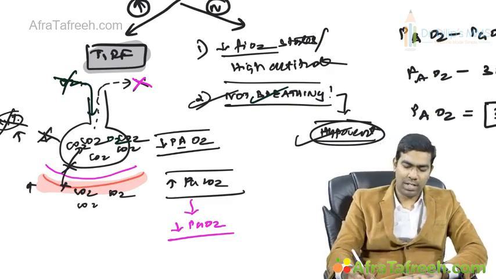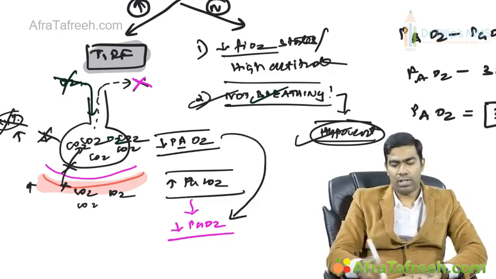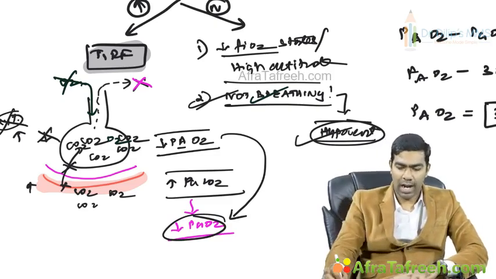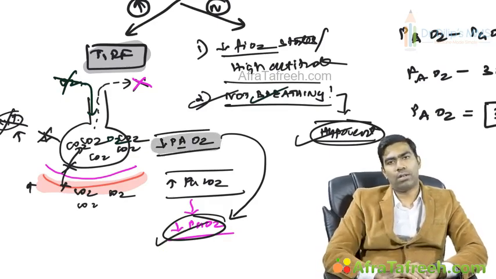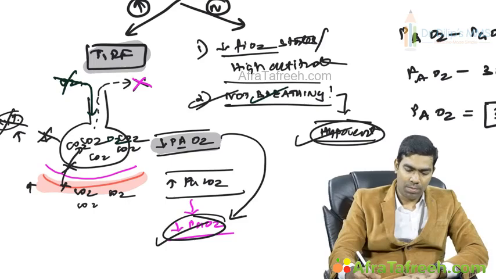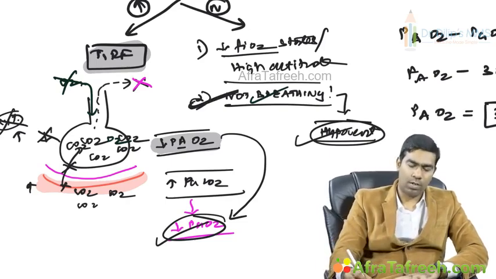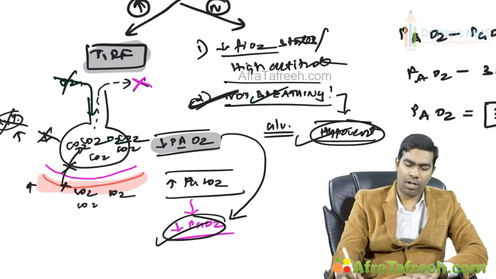Because the alveolar oxygen is decreased dramatically, even though your diffusion barrier is functioning properly, because the patient is not breathing and the alveolar oxygen is reducing, your partial pressure of arterial oxygen is also reducing. So the second most important reason for hypoxemia with a normal A gradient is the patient not breathing. But you don't call it patient not breathing, you call it by a sophisticated name called alveolar hypoventilation.